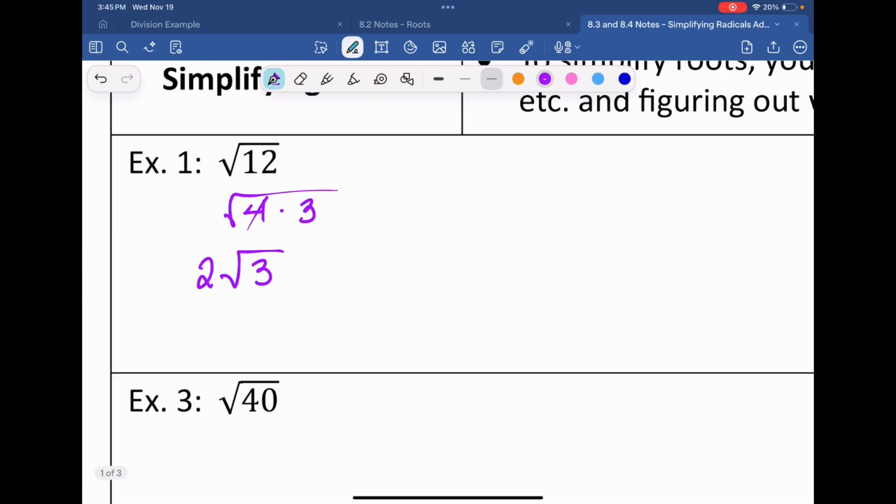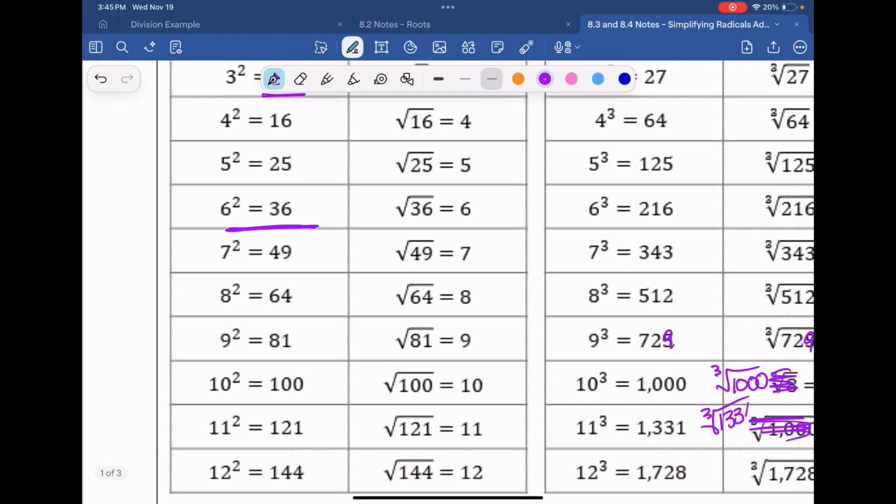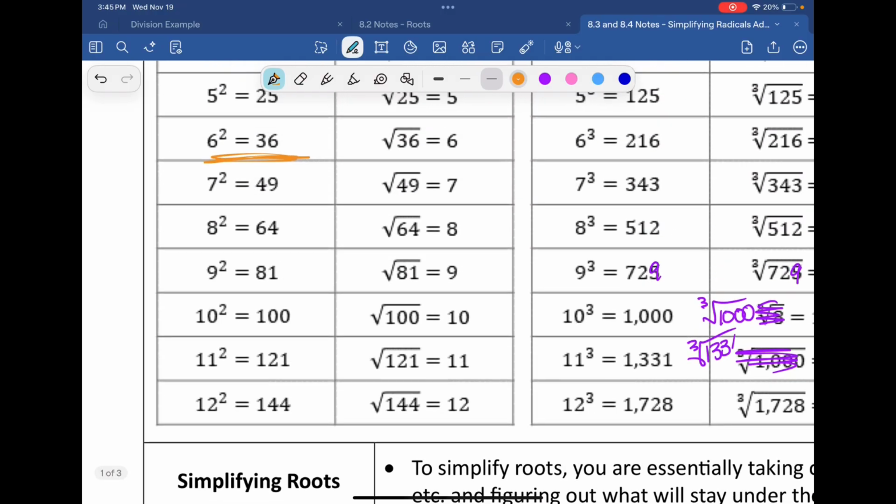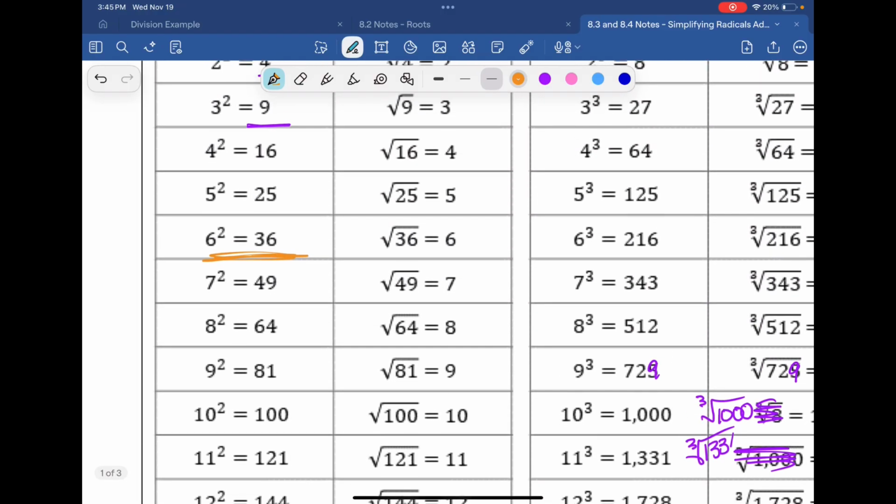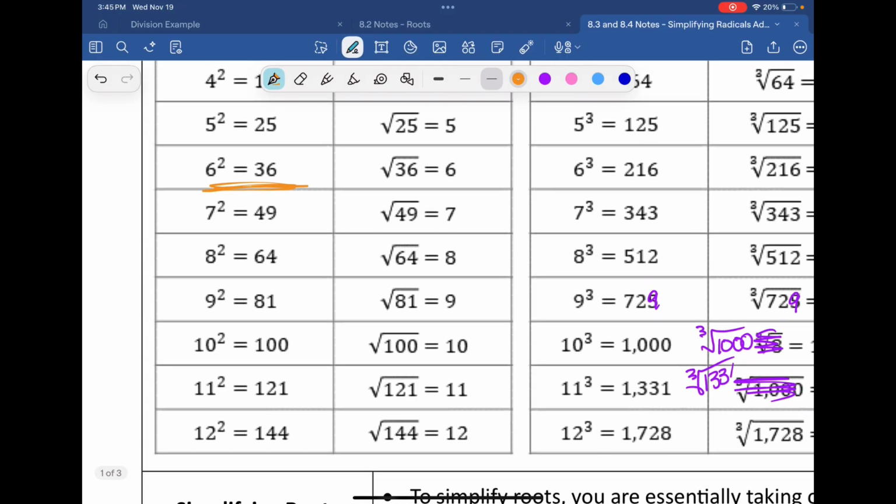Okay, square root of 40. Again, that falls here in between 36 and 49. 40 is not divisible by 36 or 25.